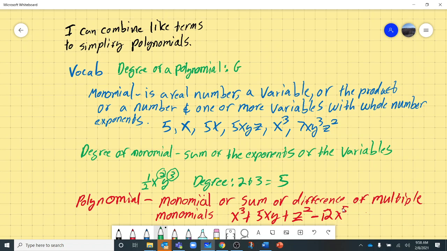Okay, so you're looking at the degrees of the different monomials, and whichever one has the greatest degree, that is the degree of your polynomial. Greatest degree of the individual terms.